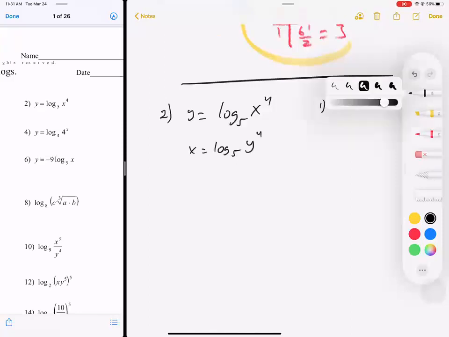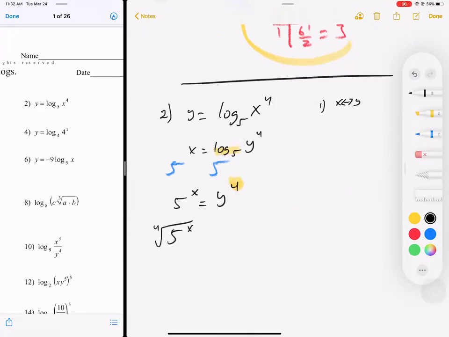How do we get rid of the log? We use exponents. The base that we should use is 5. 5 to both sides. To rewrite this is 5 to the x power is equal to, this goes away, and we're left with y to the 4th. Solving for y, we need to get rid of the exponent, and that's just a 4th root. So there are 2 ways of doing this.